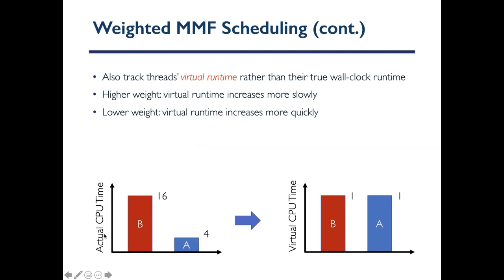A's actual time on CPU is 4. I divide it by A's weight, and I get 1 virtual time. And now, when I want to make a decision on who has gotten less time on CPU, I look at the virtual time on CPU instead of actual time on CPU. This virtual time is very similar to pass with stride scheduling.